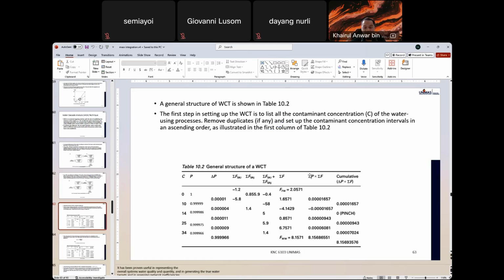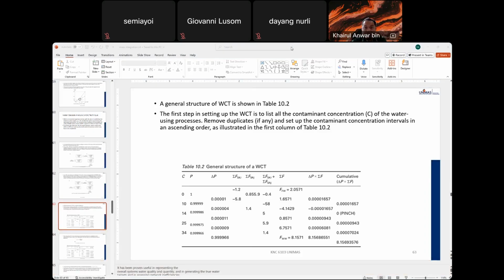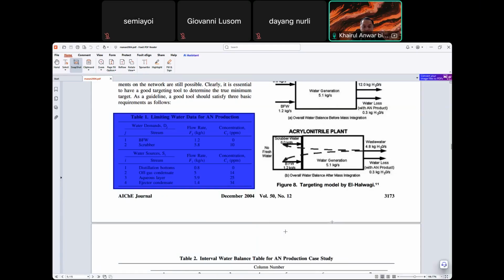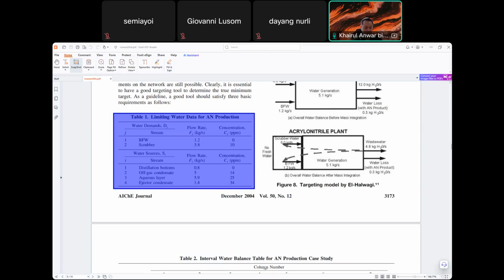But to understand this table, we need to refer to another paper by Manan et al. 2004. This is paper number 2. Okay?